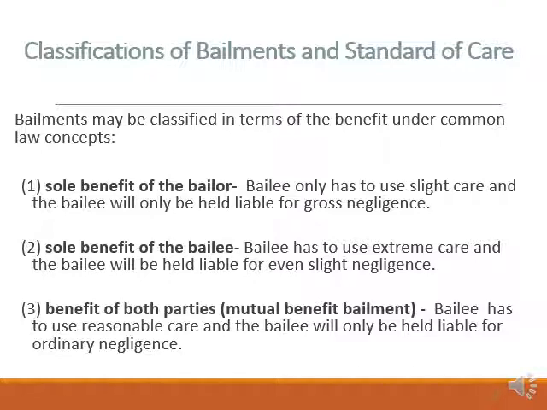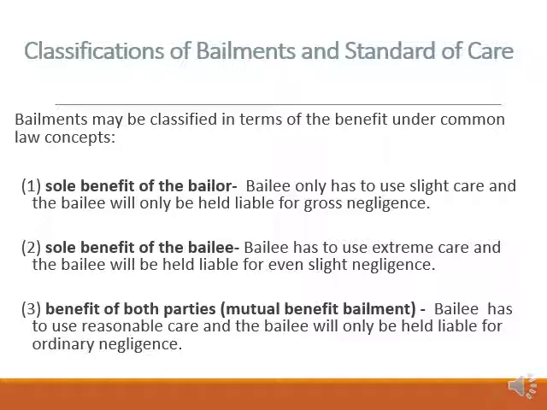There's also a bailment for the sole benefit of the bailee. And what that means is the bailment is actually for the benefit of the person who's getting the personal property. So if I loaned my book, let's say we have a hard copy of a book, I loaned my book to my friend.